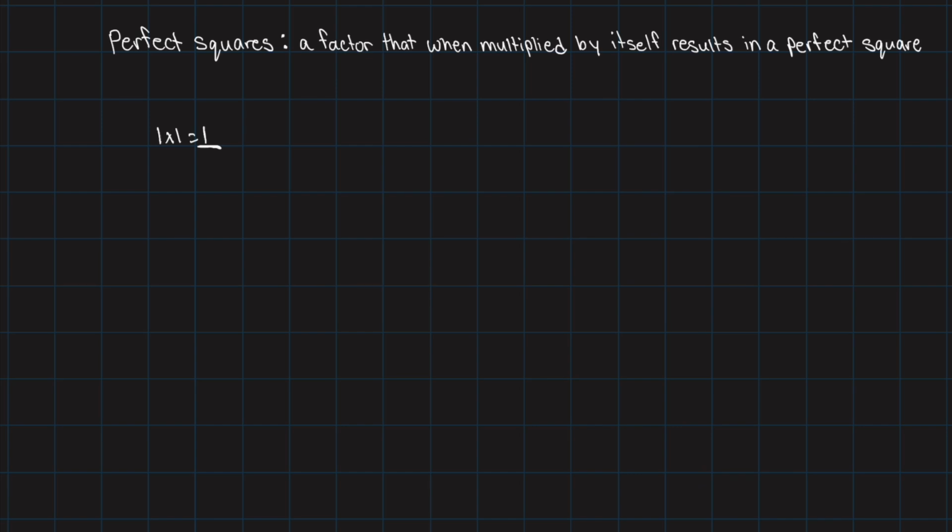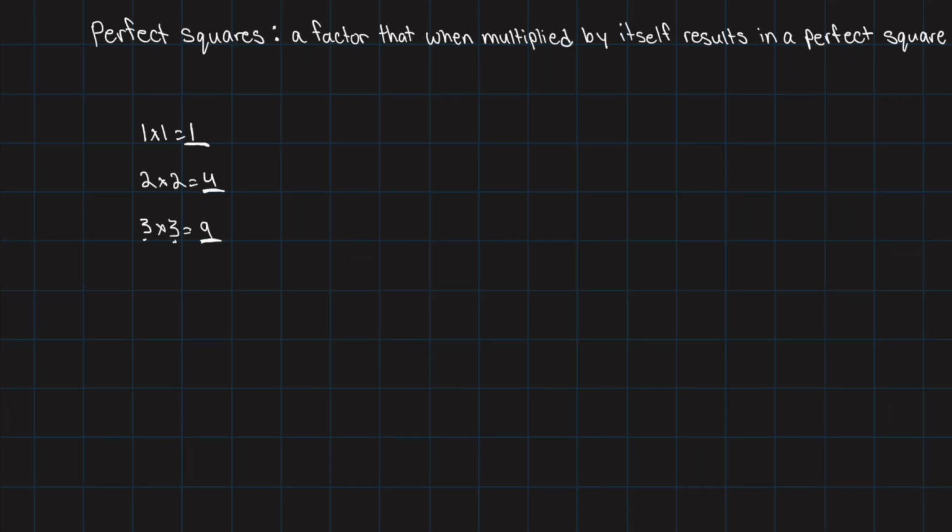Okay, and 4 as well, because 2 times 2 is 4, so 4 is also a perfect square. Same with 9, because 3 times 3 is 9, so 9 is also a perfect square. So since 9's factors are 3 and 3, 9 is a perfect square. These two are the same number, the same factor, and when they're multiplied together, they give you a perfect square.